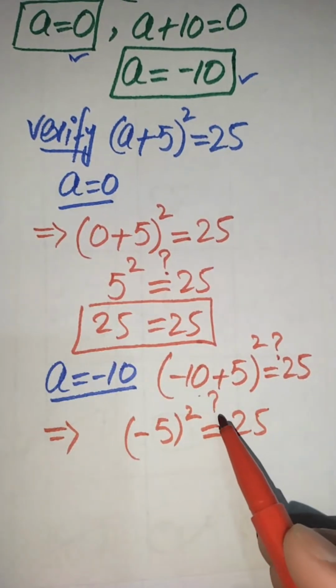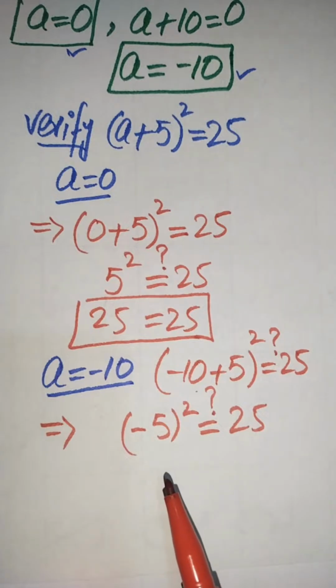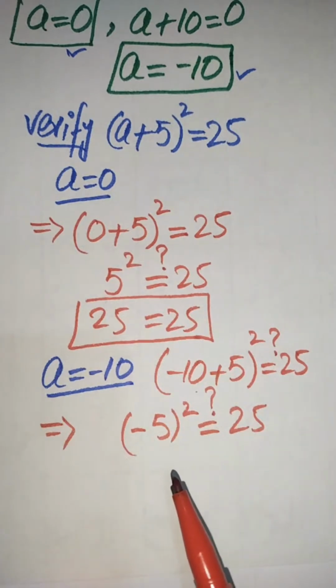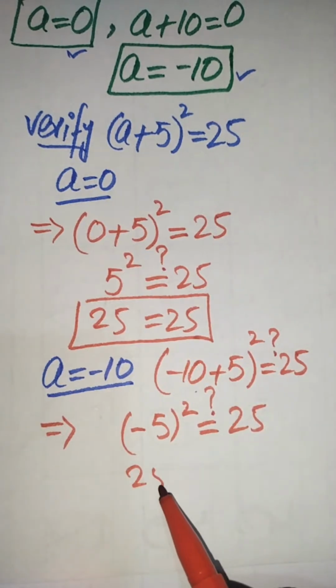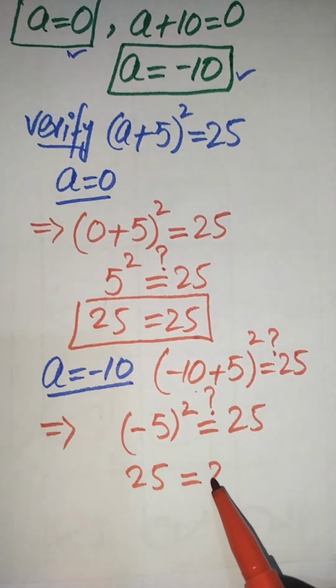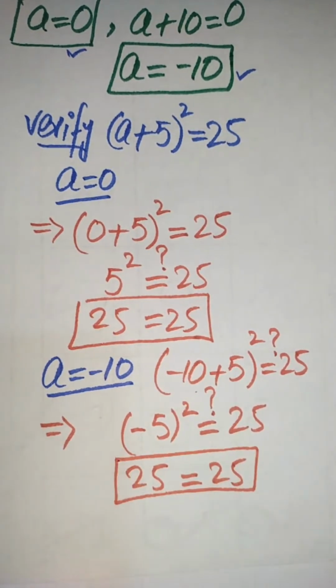This is our claim, and we know that when we take the square of a negative term it becomes positive. So minus 5 square becomes positive 25 equals 25. This means that both of the sides are again equal.